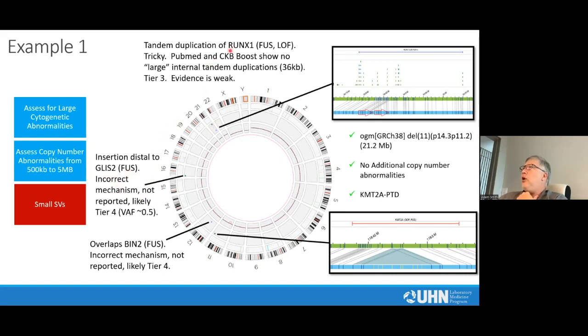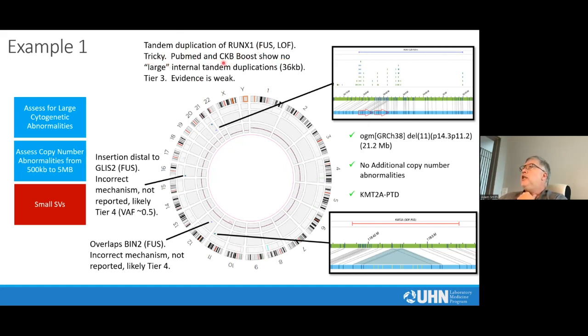And then up here at RUNX1, this is actually an interesting abnormality because it's a tandem duplication of RUNX1. RUNX1 we have classified as a gene that both undergoes fusions and loss of function. So if we look for tandem duplications inside RUNX1, what do we see?